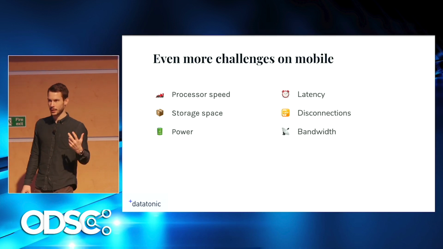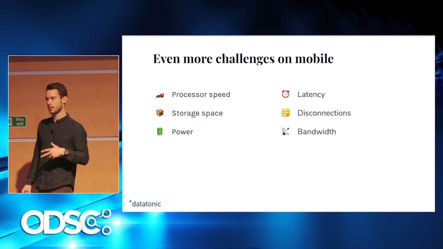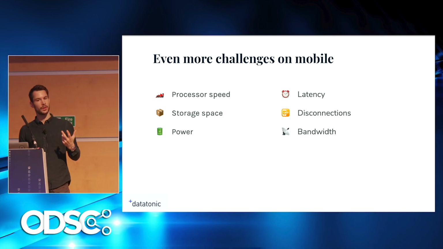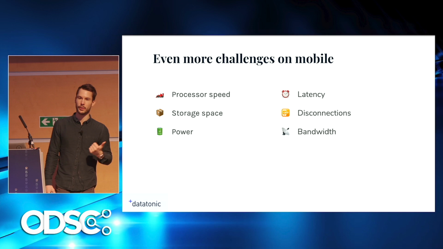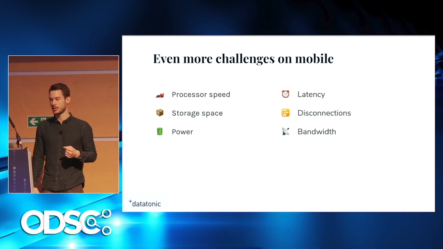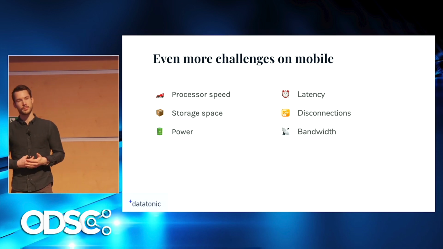And besides filling out these gaps, there are some additional challenges when we talk about deploying machine learning models to mobile. There could be things like processing speed, so inference needs to be fast. Luckily, we already chose a model, this MobileNet, that has a small footprint and is geared towards inference, but we're going to apply a few more tricks to make this faster. Storage might be a limitation.